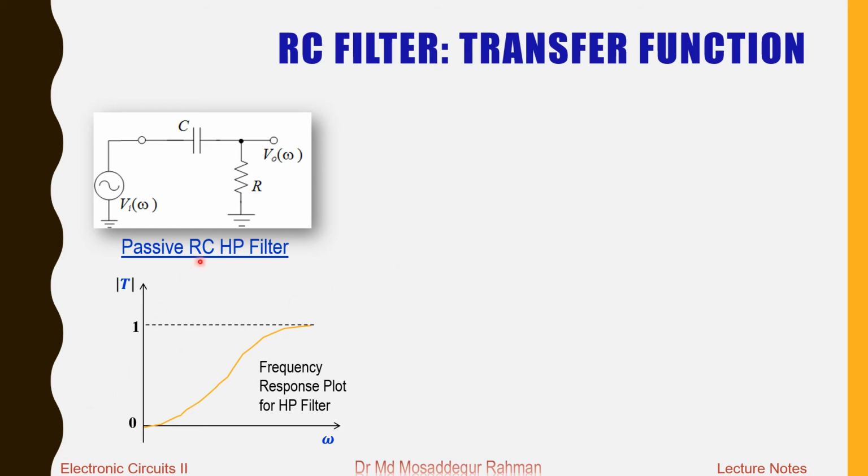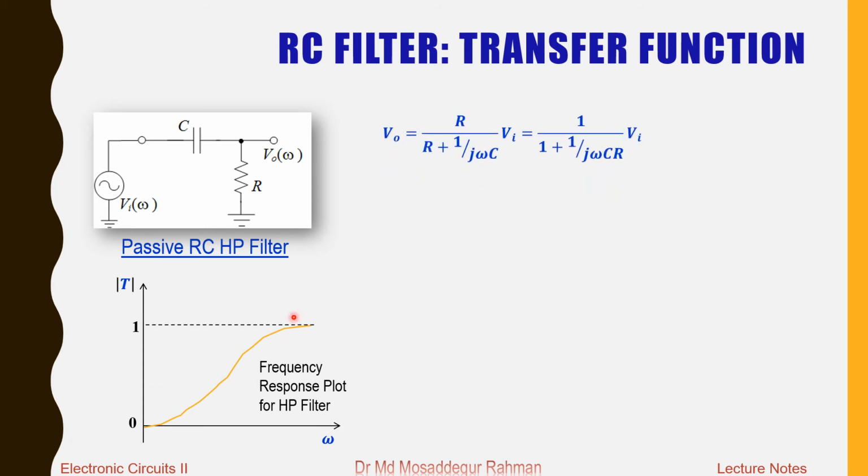So here we have the high pass filter circuit that we have just examined, that this RC circuit works as a high pass filter, with the frequency response plot looking like this. So what is the transfer function for this filter circuit?